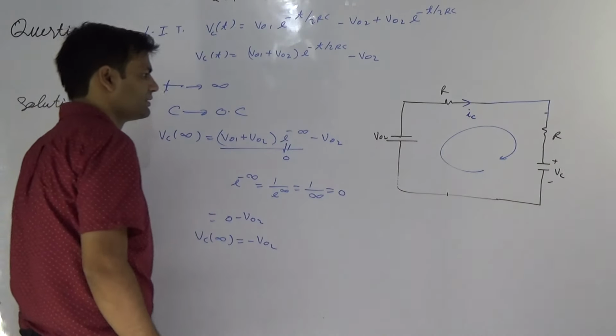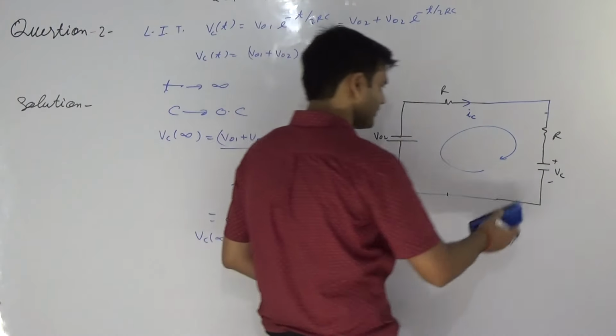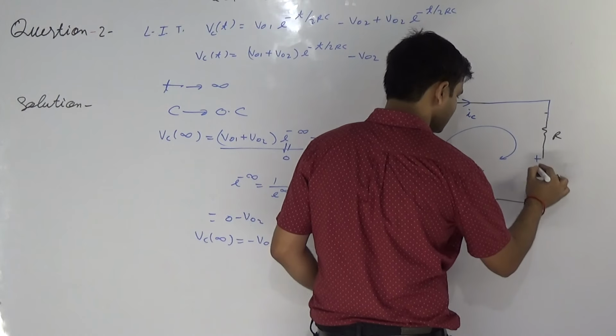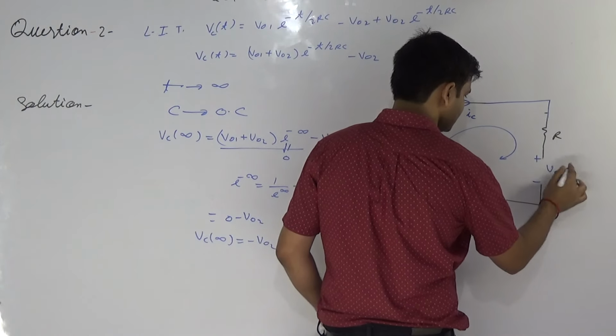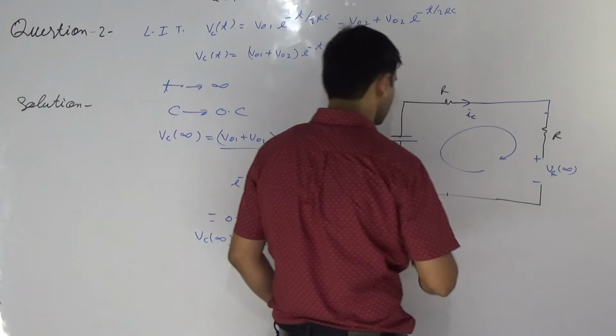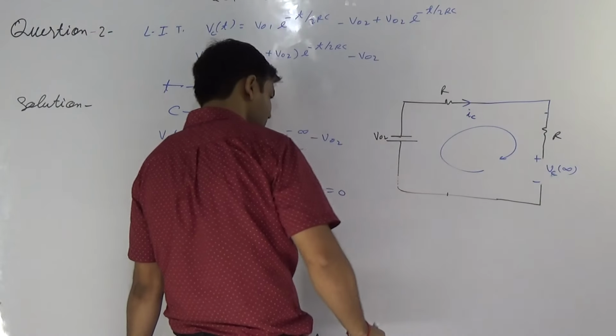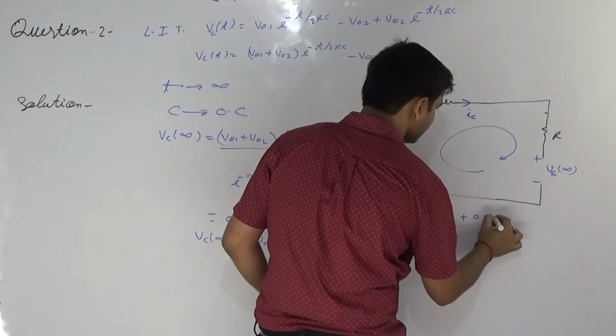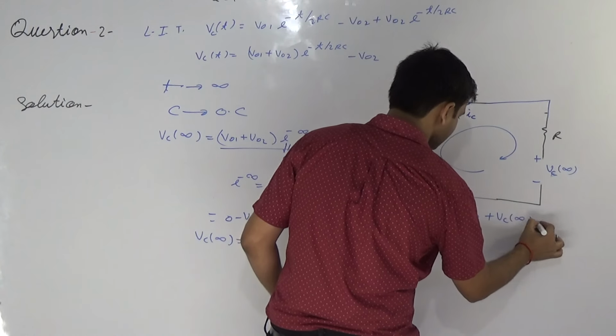How can we check it? From the circuit, with the capacitor again open, applying KVL, plus V02 plus 0 plus Vc infinity will equal to 0.